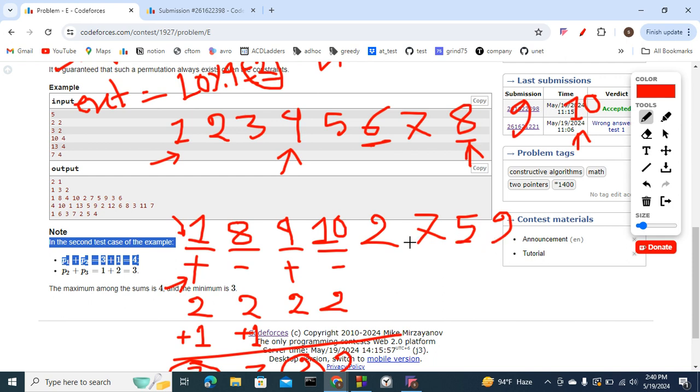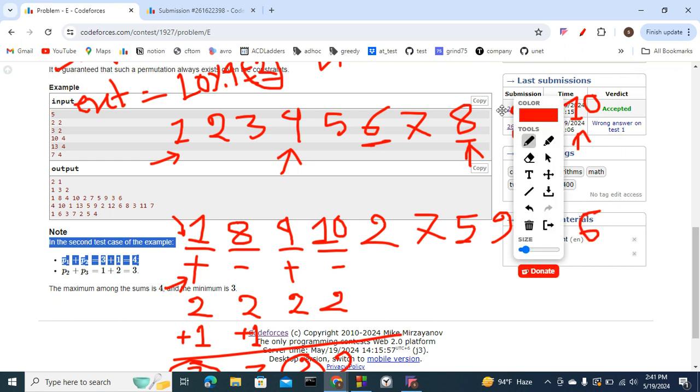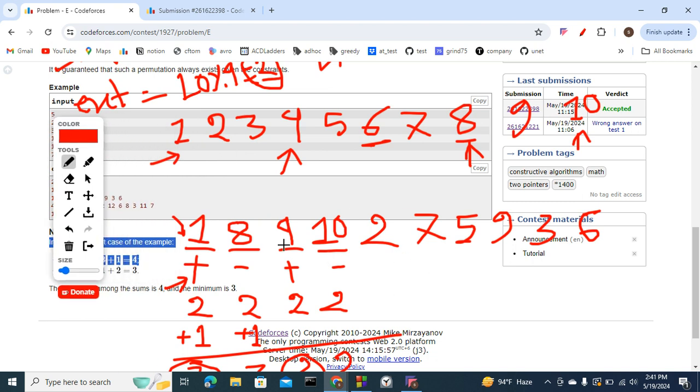Again, the next value will be 3, increased. The next value will be 6, decreased. So 1, 2, 3, 4, 5, 6, 7, 8, 9, 10. So 10 values.